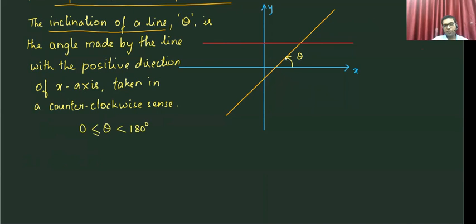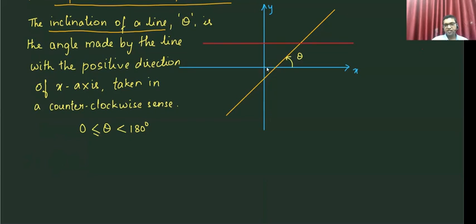Now observe this, 180 is not included because if it comes to 180, it is the same as 0.